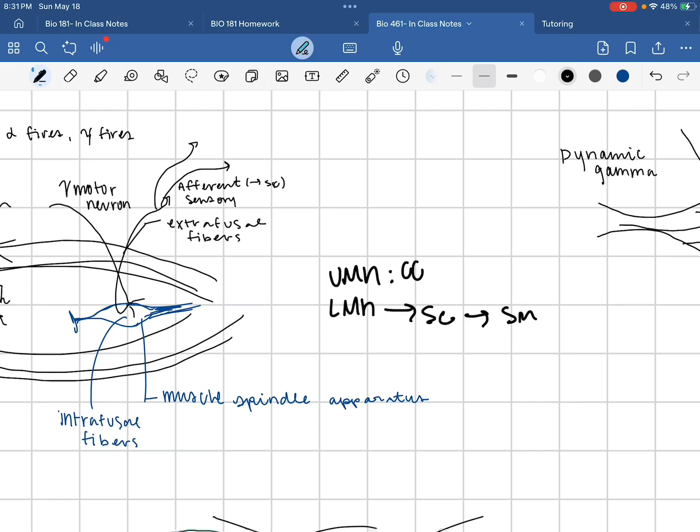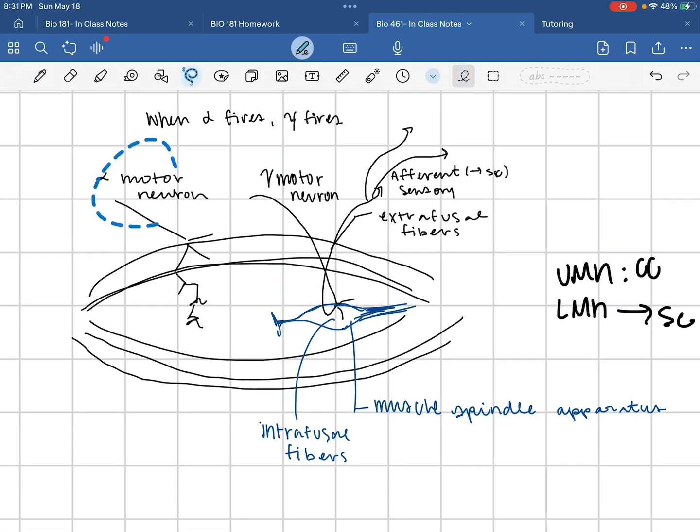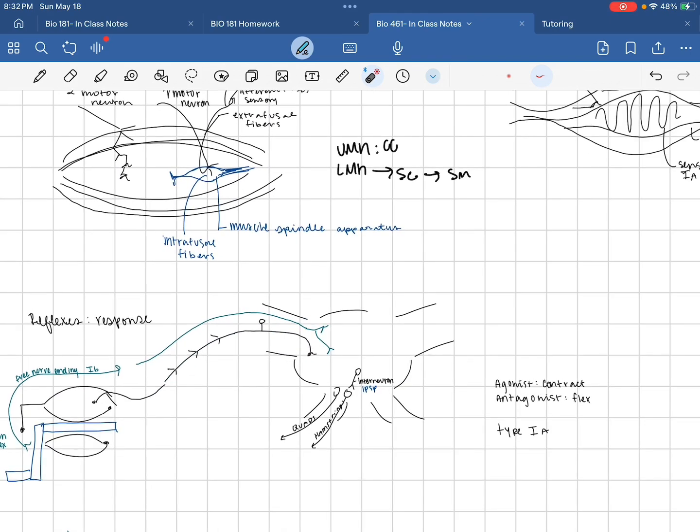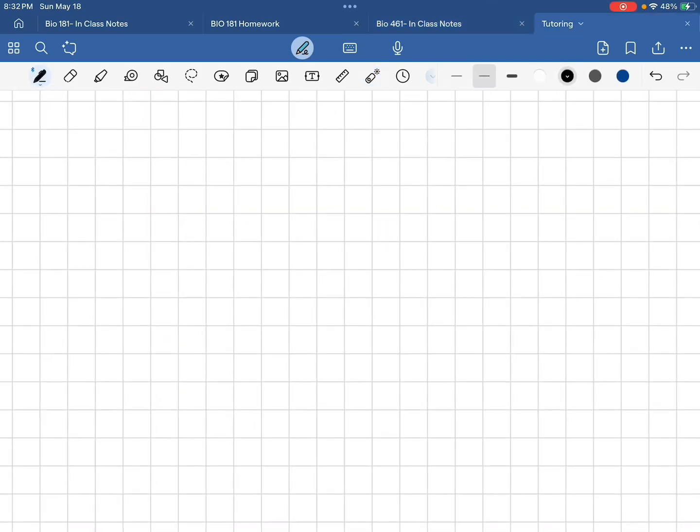And then we have our alpha motor neurons, and also our gamma motor neurons. And these are important because, say we have a receptor, and that goes to the dorsal root ganglia of the spinal cord.